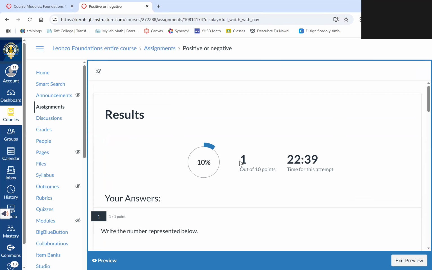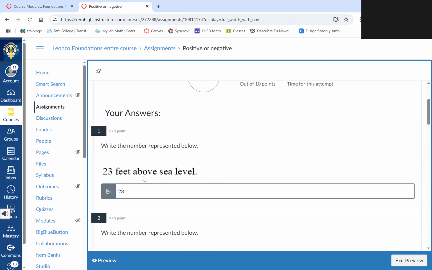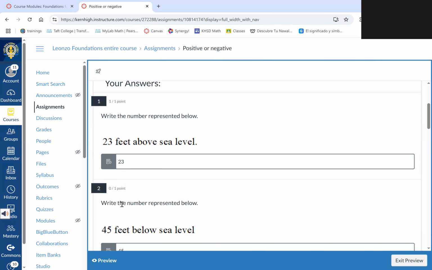And it says I got 1 out of 10. I got 10%. Okay, that's fine. Now I know I only got one question right, and that was question number 1. What I want you to see here is that next to question number 1, it says I got 1 out of 1 point.